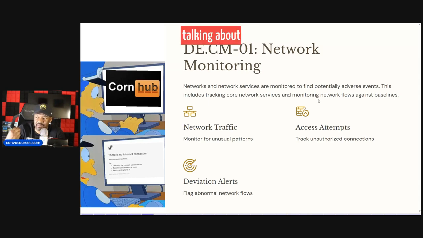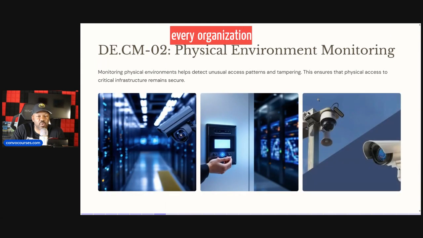But in this case, we're talking about security. So we're looking at the patterns of the network traffic, and we're looking for alerts. You'll set a system up to automatically send you alerts that you will look at more deeply. So that's network monitoring. That's something that every organization should have, and you'll see that most modern medium and large size networks have this.